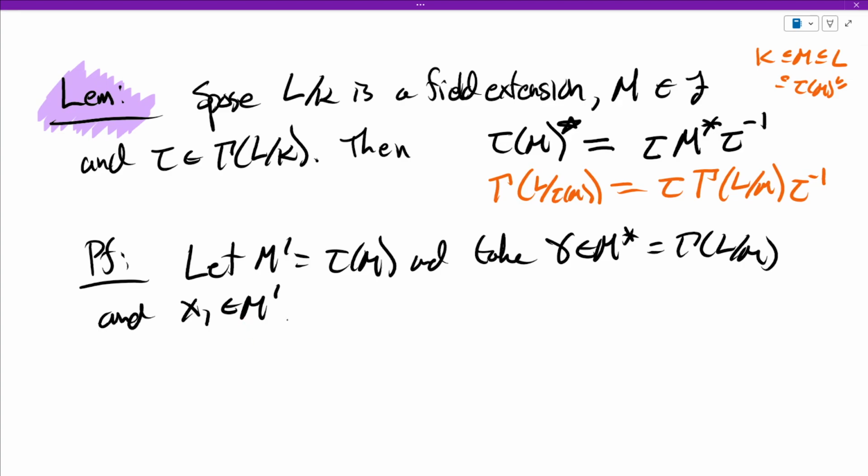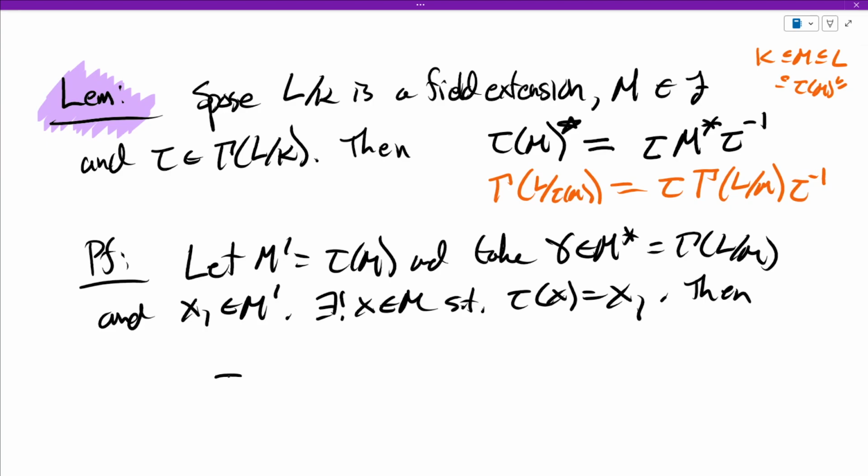Okay, M prime is the image under tau of M, so there exists some x in M, in fact, a unique x in M, such that tau of x is x1. Everything in M prime comes from M. Then, if we apply tau gamma tau inverse to the element x1, what we want to show is that we get x1 out of it. So let's see that.